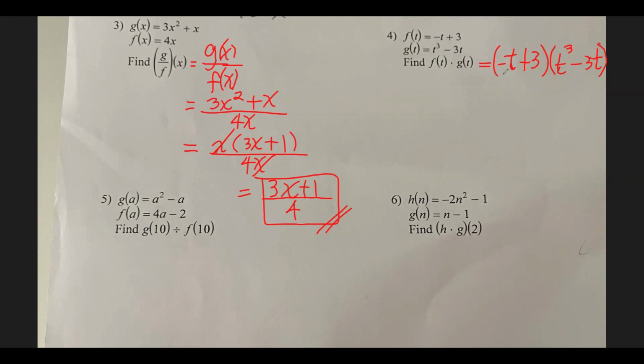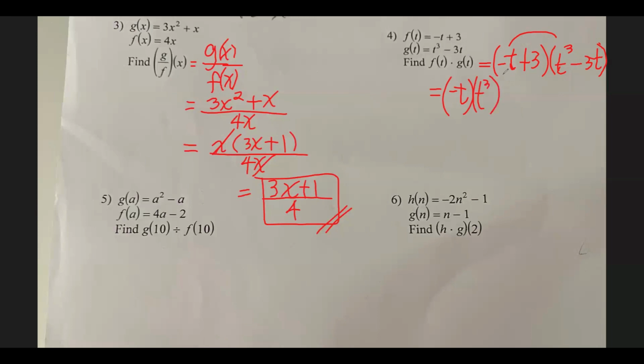So I will use the FOIL method here. Please follow the steps. I will show you how. So first is F, which is negative t and t cubed. So let's write here as a multiplication.